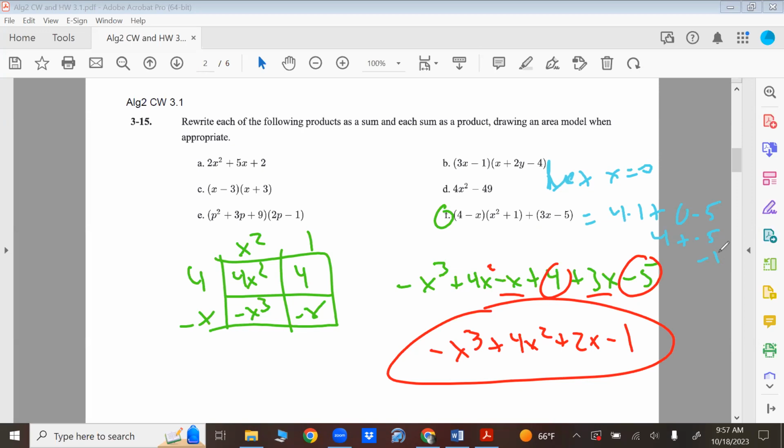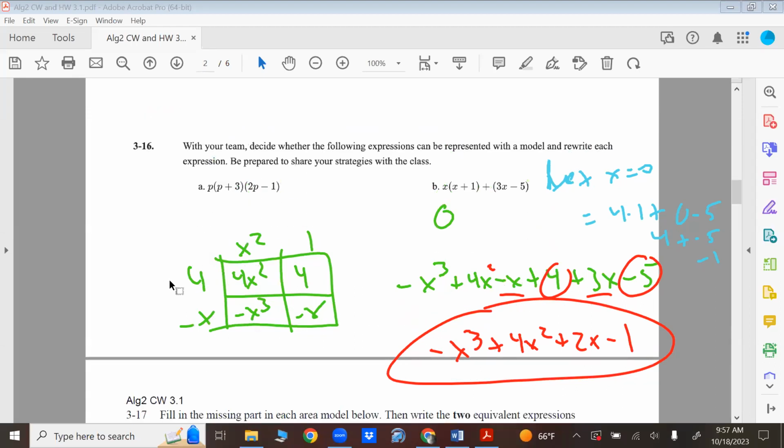What if I plug in 0 to the final answer? Do I get negative 1? Yeah. It should be the same if you plug in correctly. It's just an easy number, right? So that's the technique you use to see if you did it right. If you're on a test or a quiz and you think, hey, I don't know if I did this right, well, plug in the numbers into the original and the final form. They should be the same. So, okay. Let's keep on moving here.